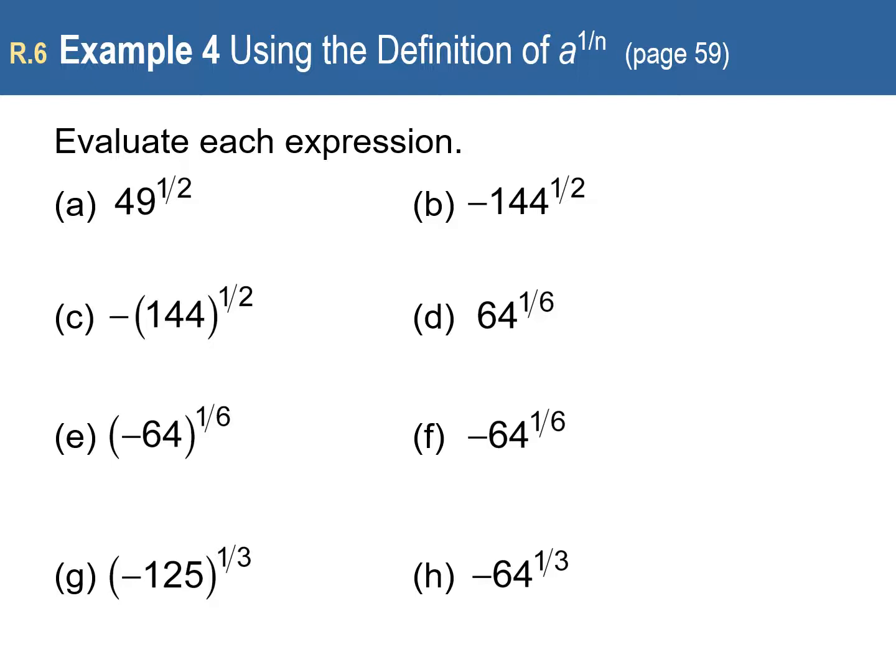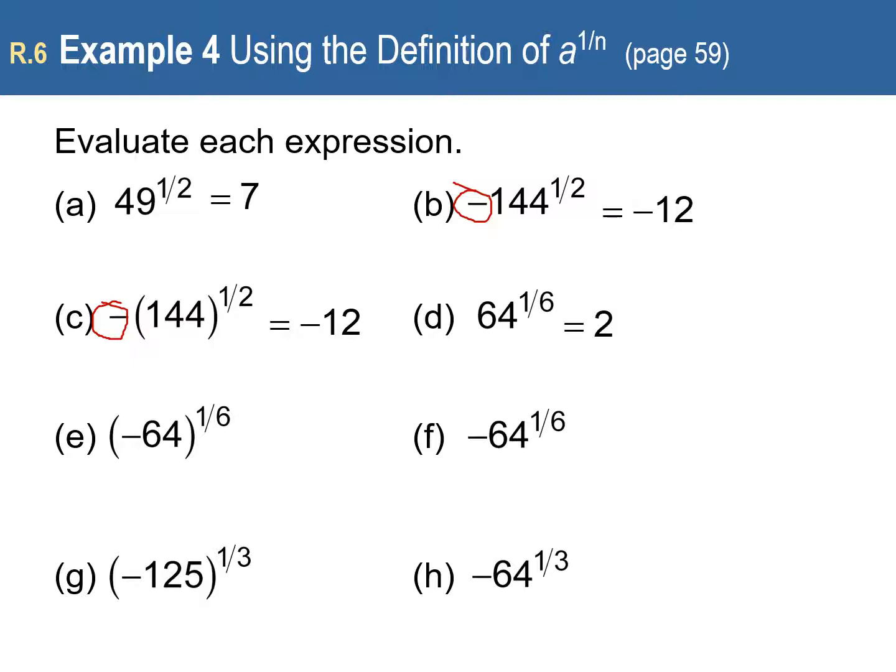So let's evaluate each expression. 49 to the 1/2 is 7. Now for b, this negative sign is outside of this 1/2, so this is going to be minus 7. This is also outside, so it's going to be negative 7 again. 64 to the 1/6 is 2.